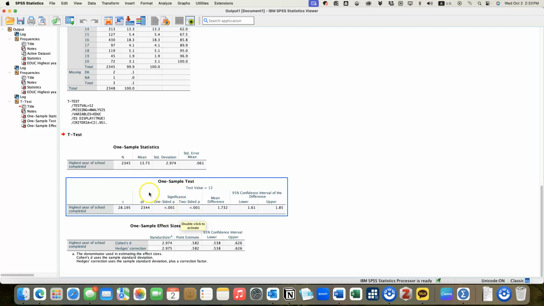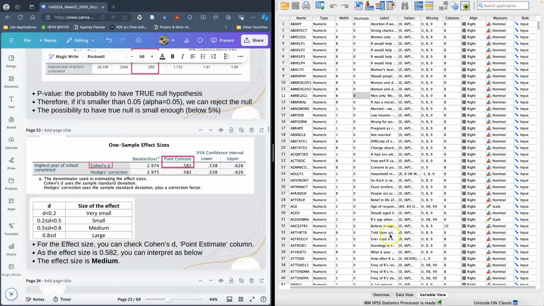We are not using one-sided this semester, because that assumes a specific direction. You are using the two-sided, two-tail statistical test. As the p-value significance value is below 0.001, which is smaller than 0.05, we reject the null and say there is a statistically significant difference between the population mean 12 and the sample mean. That's a very important part.